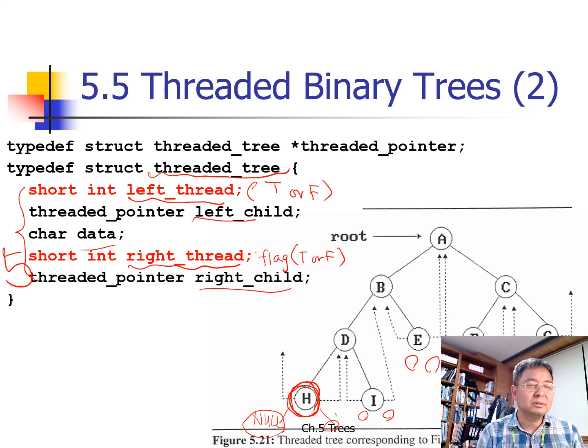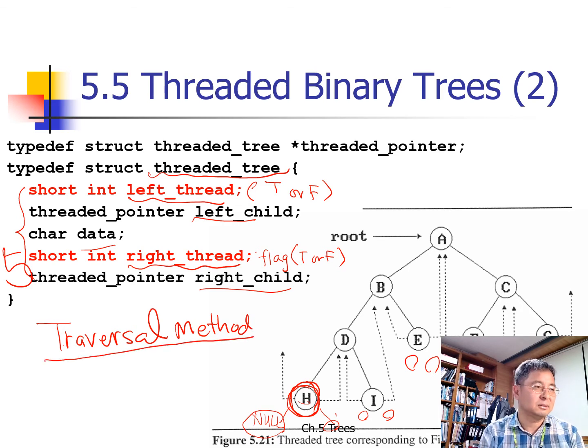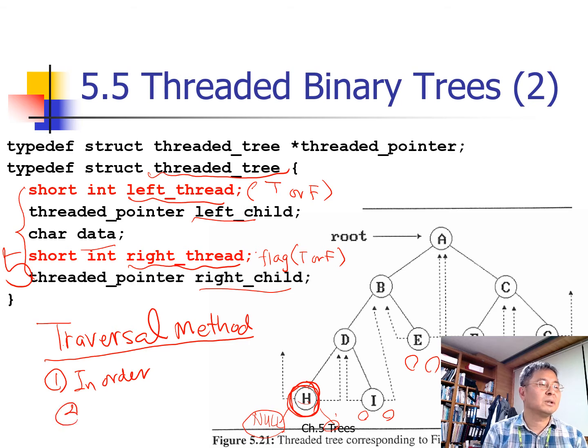In order to think about what is before some node, we must fix a traversal method. We already know that there are 3 traversal methods. The first one is in order, and the pre-order, and the post order.